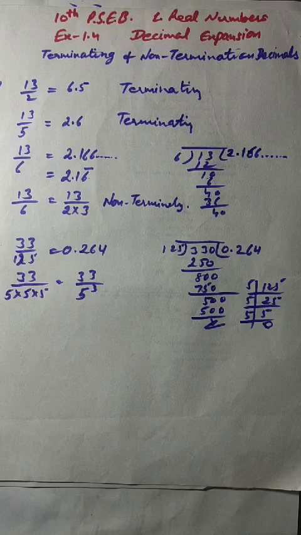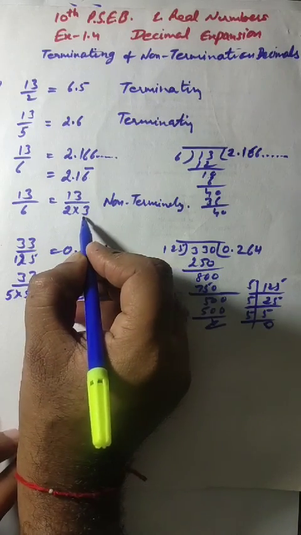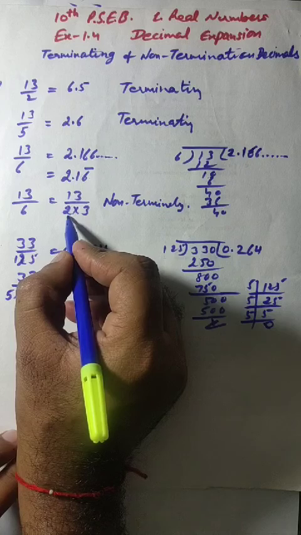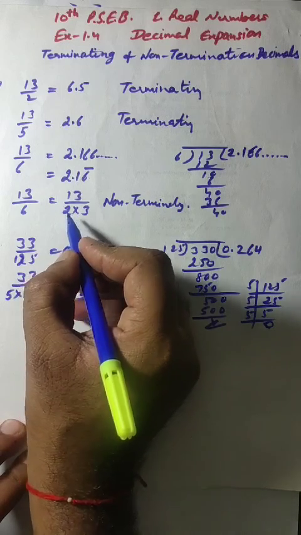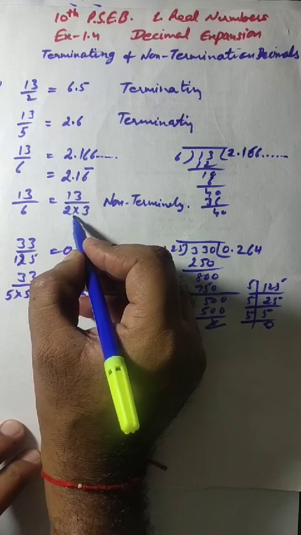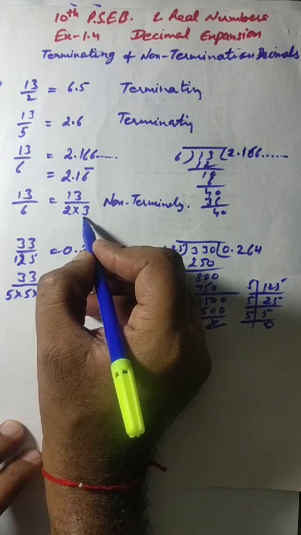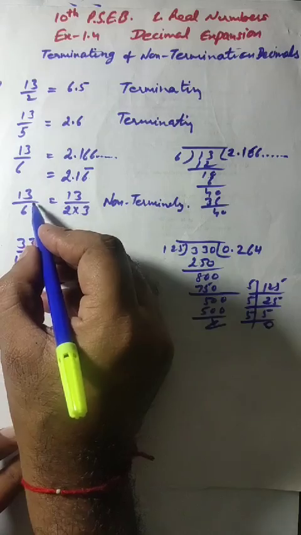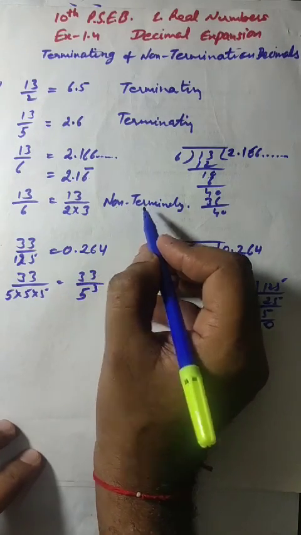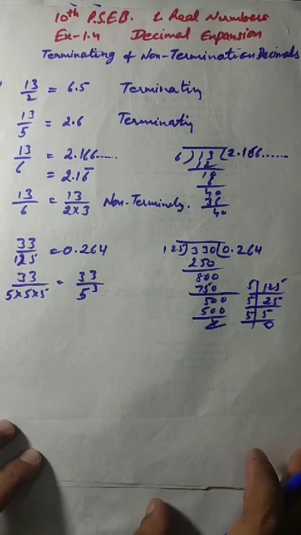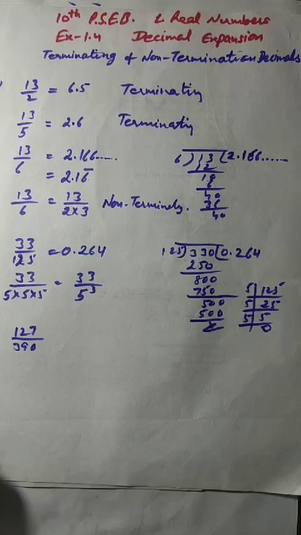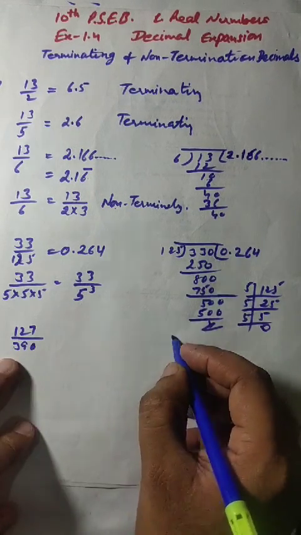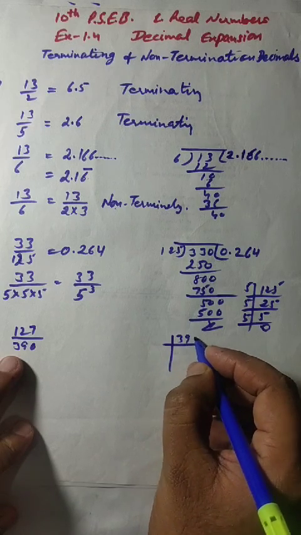But if there is any other prime number except 2 and 5, or we can say with 2 or 5, if there is any other prime number in the denominator, then the fraction will become non-terminating, repeating or non-repeating. Now let us check. Without solving this sum, we'll take prime factors of 390.